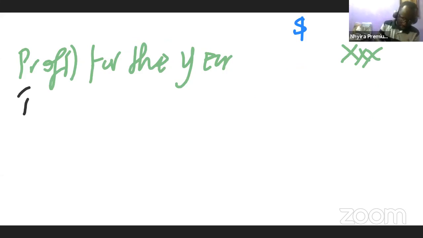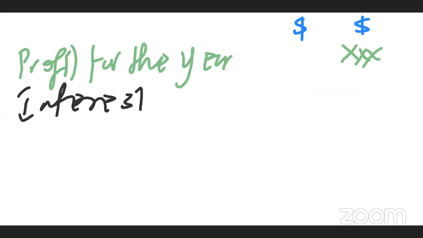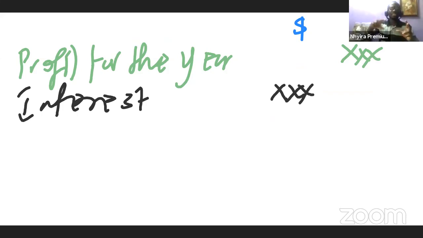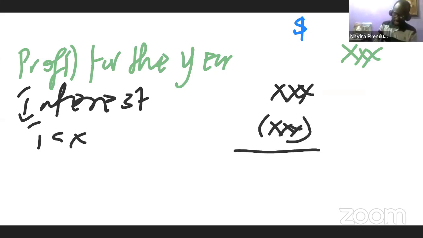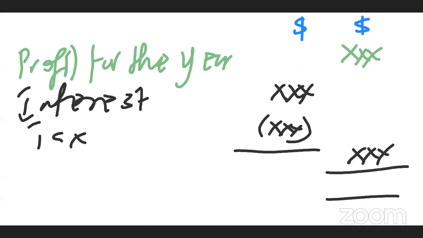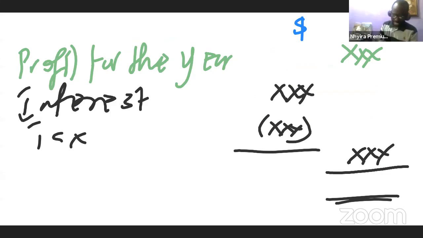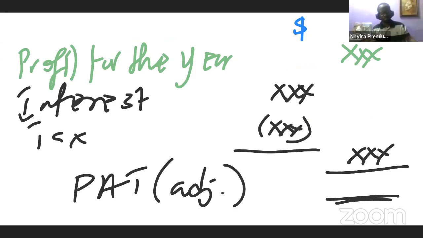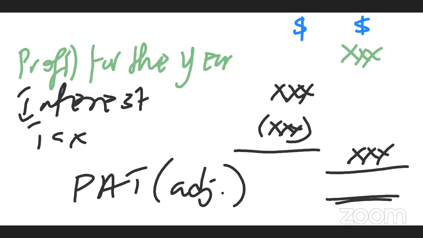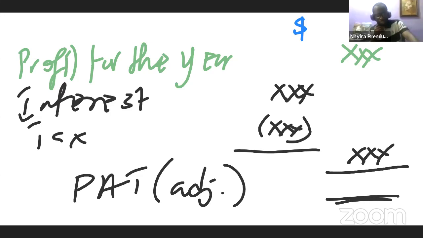Then we bring the interest that we would have paid on the loan notes. That will come here. Then the tax effect of the interest will be taken out like this. And then we get the interest net of tax, add it to the profit for the year, and that gives us the new profit after tax adjusted. So this is the first thing. That's how we do the adjustment on this.